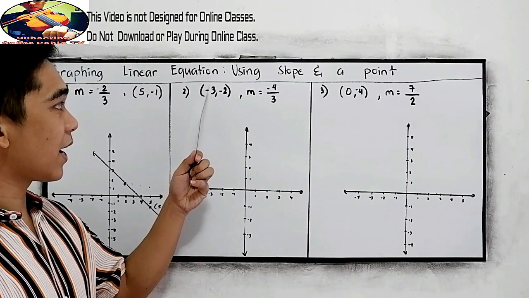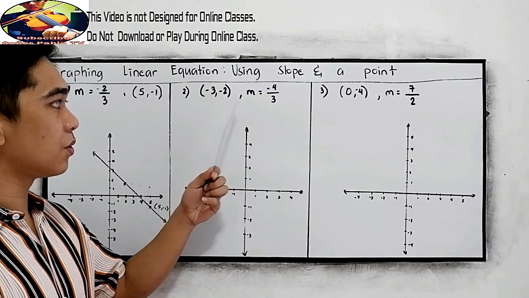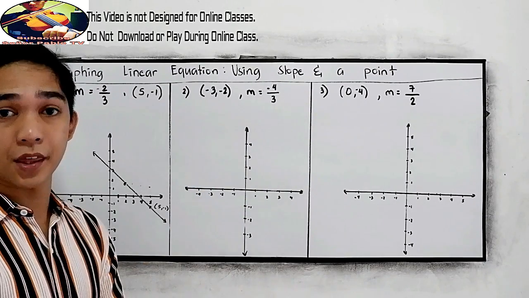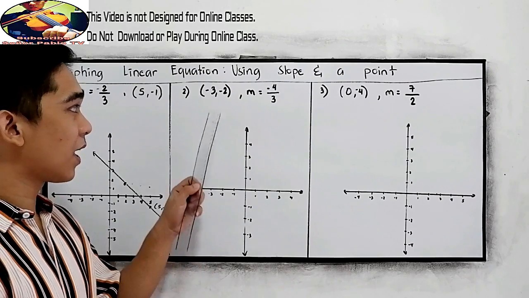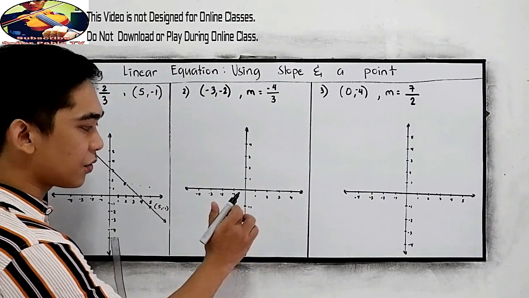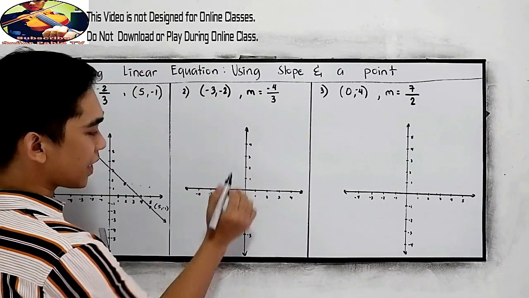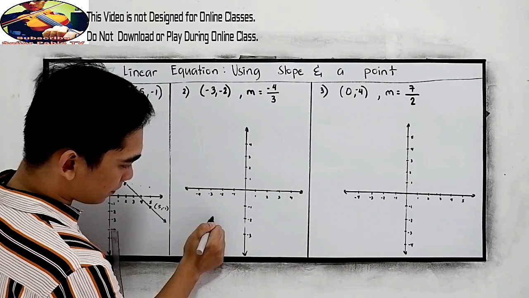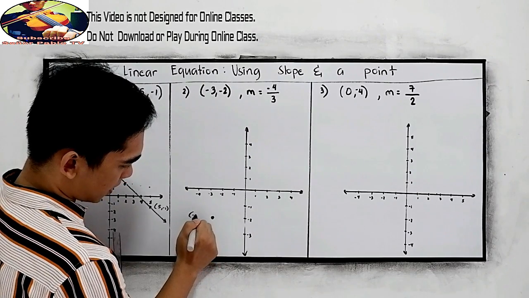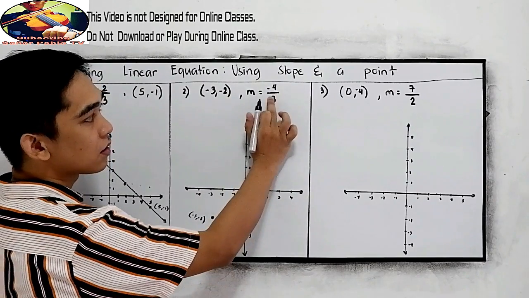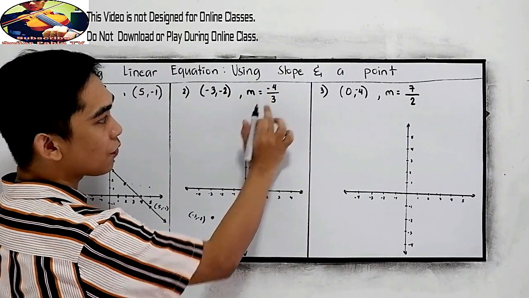A point -3, -2, and the slope, or m, is equal to -4/3. Plot our point, negative, so that is located in our quadrant 3. -3, -2. Next, -4/3.